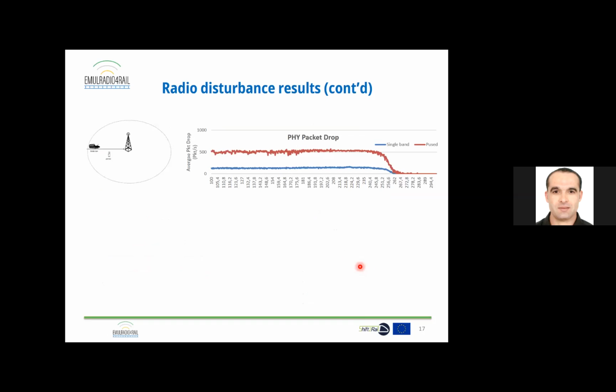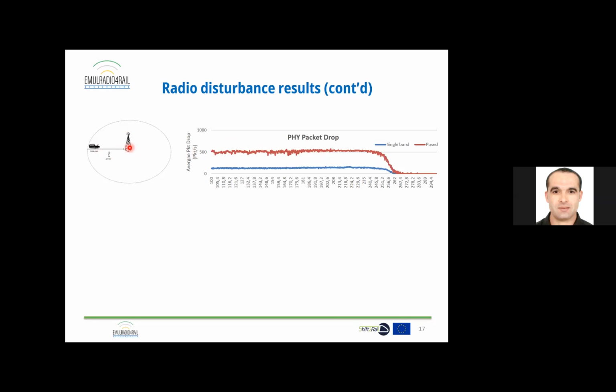So as a next evaluation, we propose a different scenario, with a mobile train from the edge of the cell to the center, and we put a fixed jammer at the center of the cell. Here results show that the average packet drop remains stable with the 2 jammers until the train is halfway between the jammer and the eNodeB.